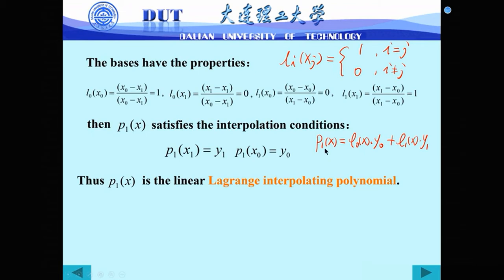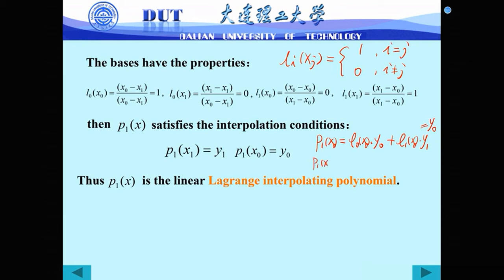Then if we use P1(x0), L0(x0) has the same subscripts, so it is 1. L1(x0), the two subscripts are different, so it is 0. So in this case, it equals y0.